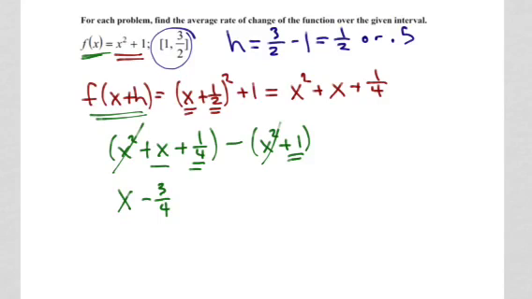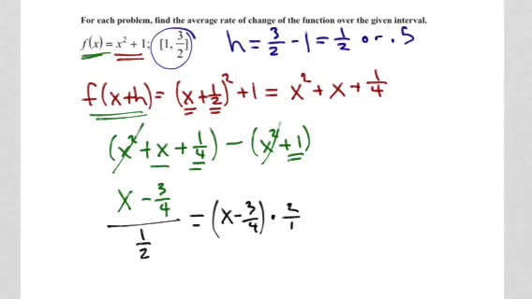Next, we want to take all of that information there and divide it by h, which is 1/2. And we all know that we can't divide fractions inside of fractions, so if you remember the rule, we are going to keep the first one the same. It's a binomial, so I'm putting in parentheses. Change to multiply, and then flip the second fraction.